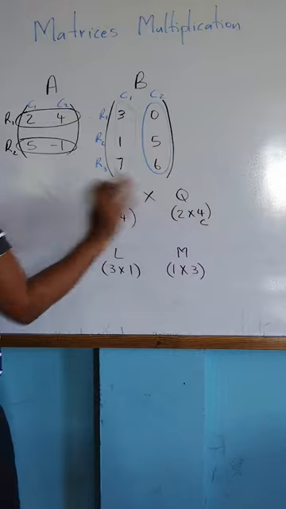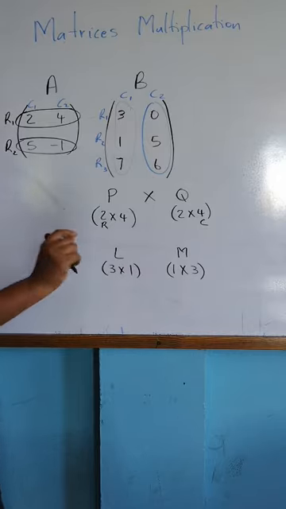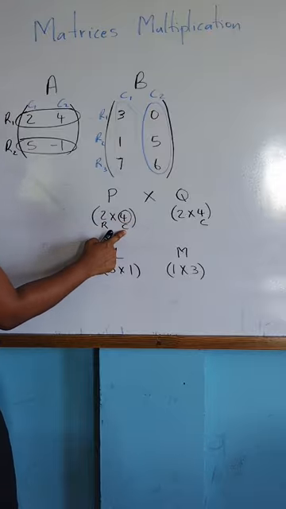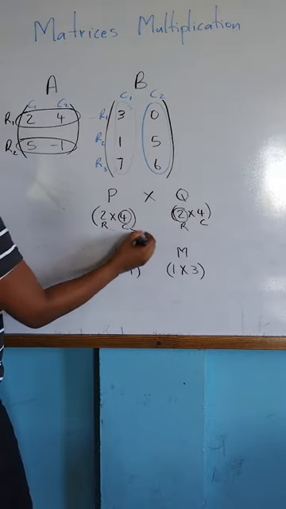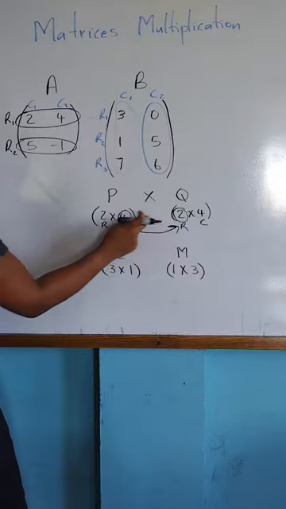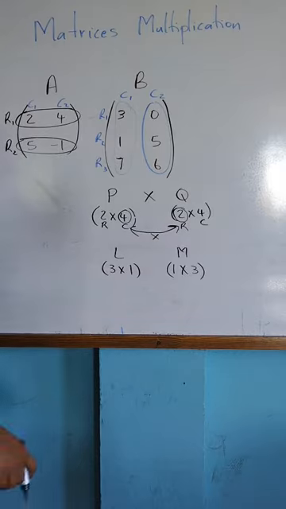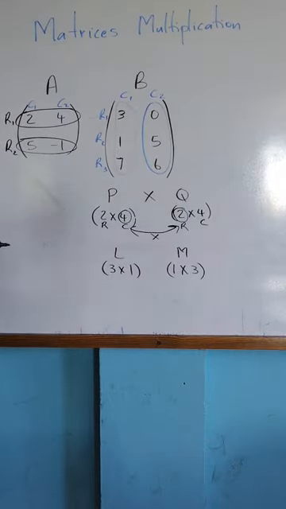However, to check if it's compatible for multiplication, I'm going to check how many columns the first matrix has, and how many rows the second matrix has. If these 2 numbers are not the same, I cannot multiply them, which means that P times Q would not be compatible for multiplication.